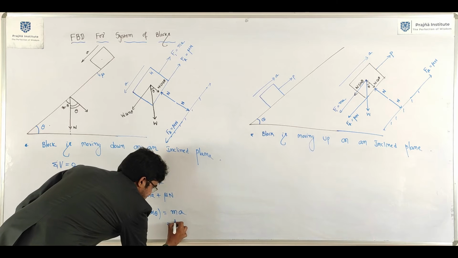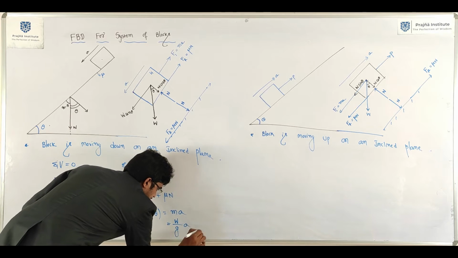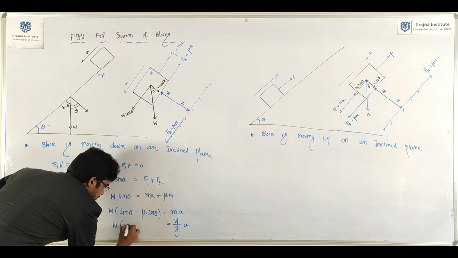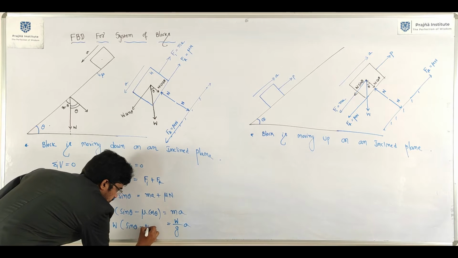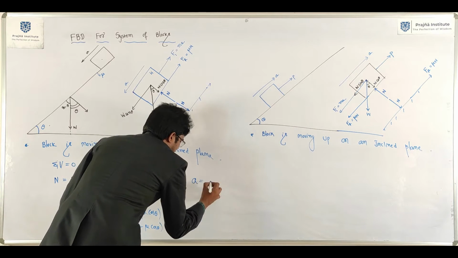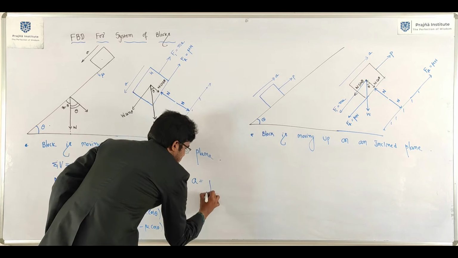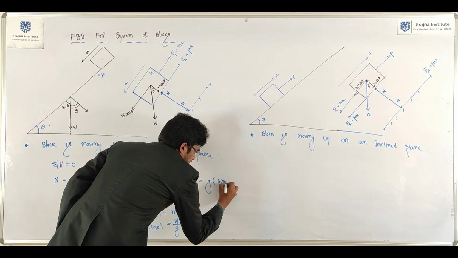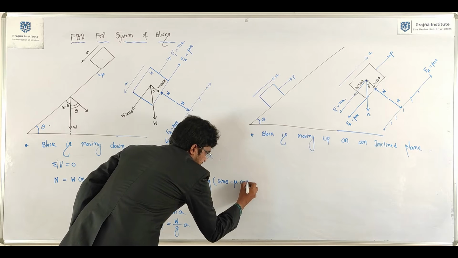You can write it as W by g into acceleration. Finally, we get a beautiful expression for acceleration: g into (sin theta minus mu cos theta).